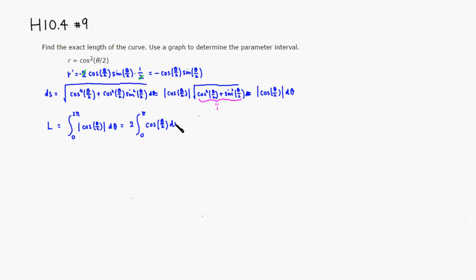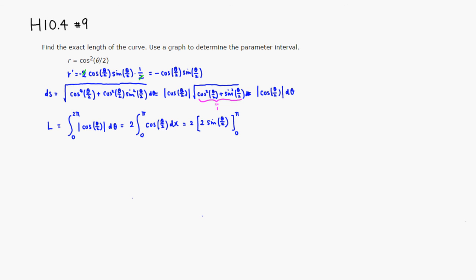Then find the antiderivative. So we have a 2 here. The antiderivative of cosine of theta over 2 would be sine of theta over 2 divided by 1/2, which is the same thing as multiplying by 2. Then you're going from 0 to pi.